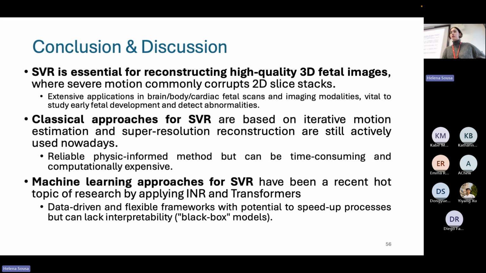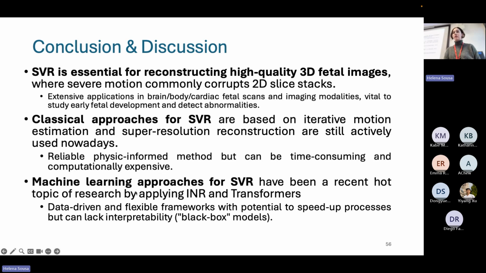All of these reconstruction processes are quite vital to then study early fetal development and detect abnormalities. Classical approaches for SVR are usually based on iterative motion estimation and super resolution reconstruction, and are still actively used nowadays. They are quite reliable physics-informed methods, but they can sometimes be time-consuming and computationally expensive.